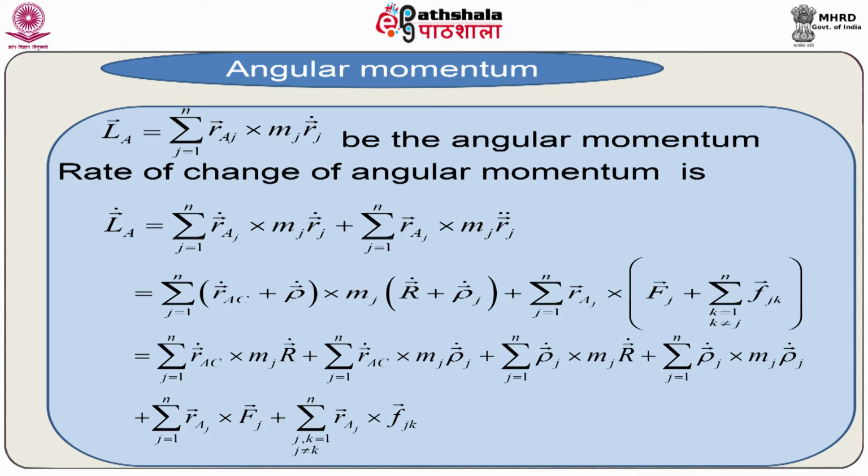NA vector dot, where NA vector dot is equal to summation j equal to 1 to n, r vector suffix aj cross f vector j. This is the resultant moment of the external forces.